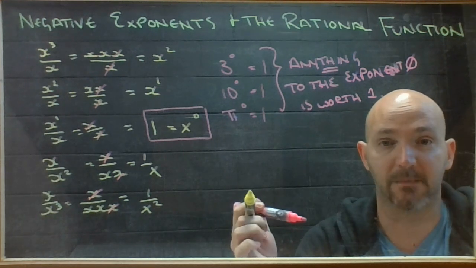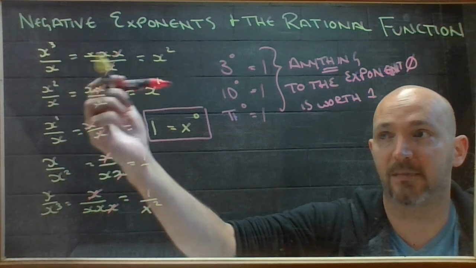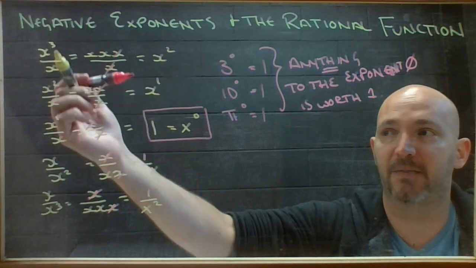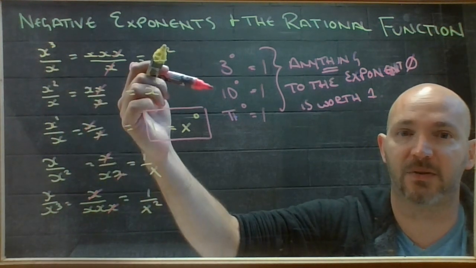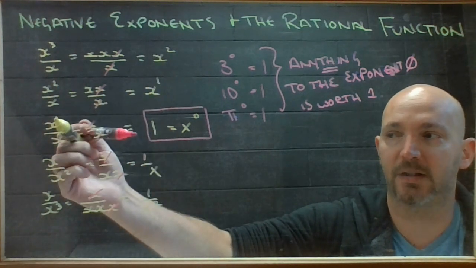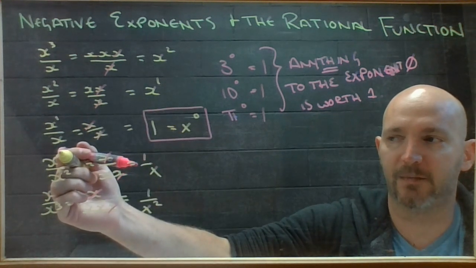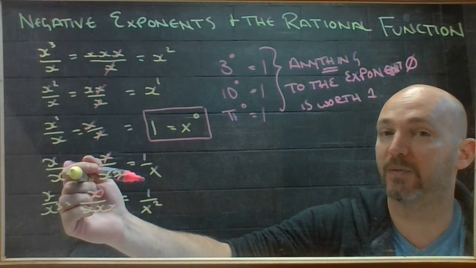Now, looking at this pattern I've been building here, though, this over this left me with x squared, right? 3 of these minus 1 of those is 2. 2 of these minus 1 of those is 1. 1 of these minus 1 of these is none. Now I've got one of them, subtract 2 of them.